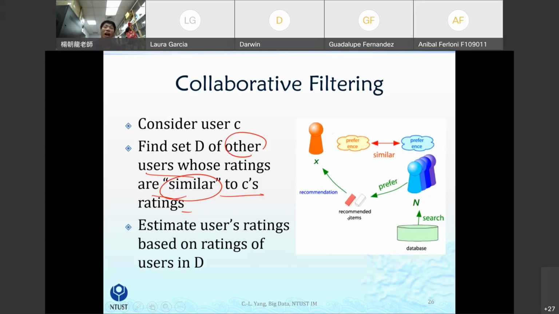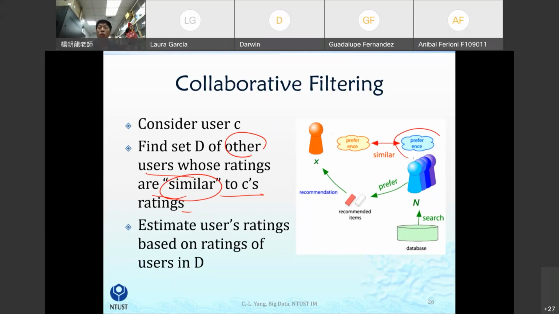I rated it 5. Since our similarity is there, the recommendation system would recommend the movie to that customer. So basically, we estimate the user's rating based on the ratings of similar users. Okay, that is the idea.